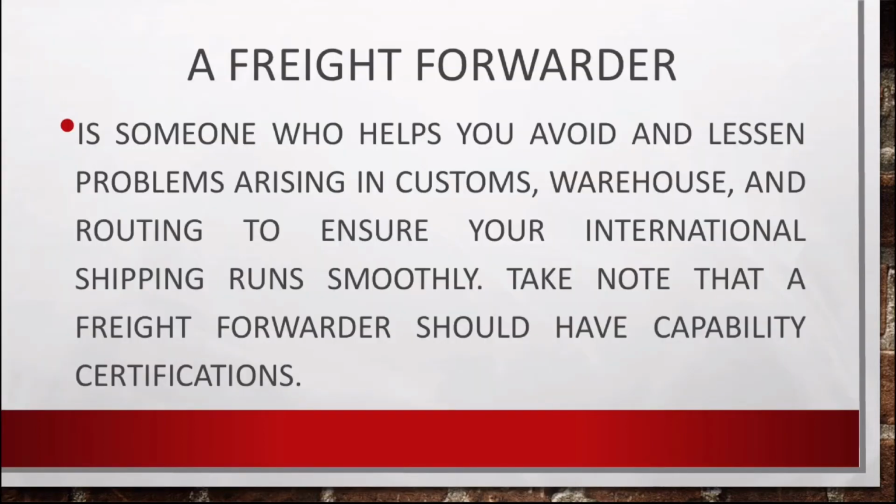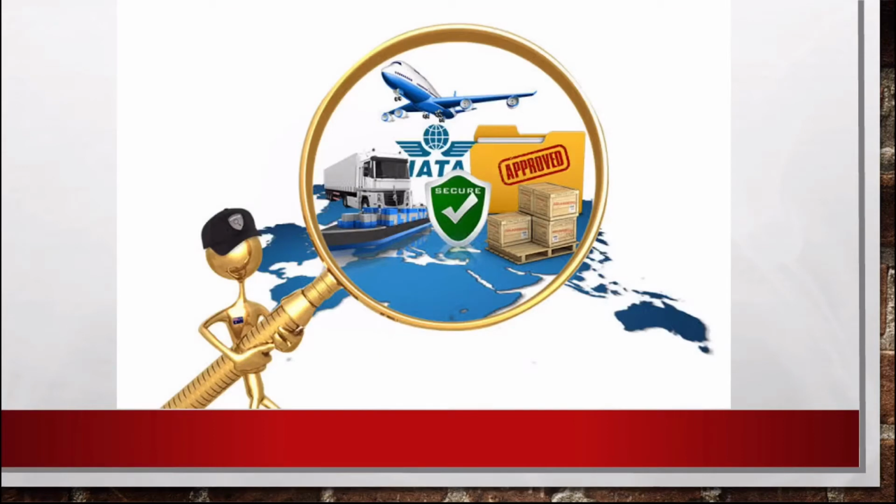A freight forwarder is someone who helps you avoid and lessen problems arising in customs, warehouse, and routing to ensure your international shipping runs smoothly. Take note that a freight forwarder should have capabilities certifications.